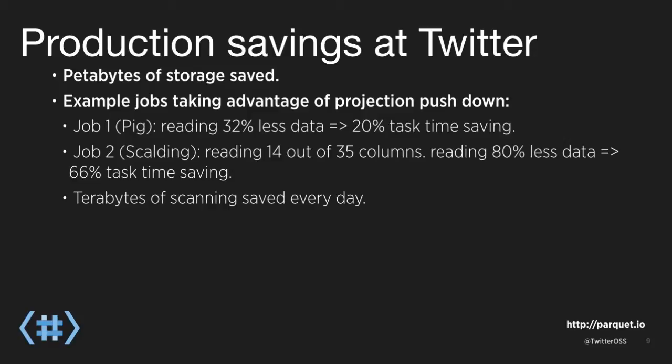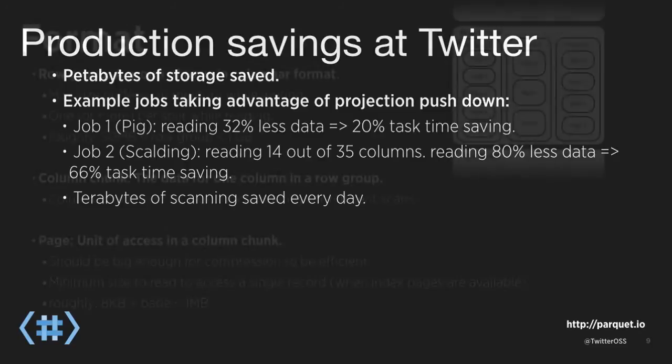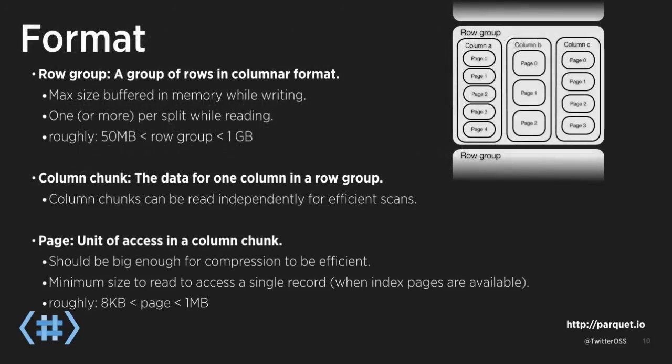And those jobs run every hour, right? Every hour we add a new partition, we do a new report on it, and we export to a dashboard, to simplify. And so that's like terabytes of scans saved every day from reducing that. So that's resources that can be reused by some other jobs.